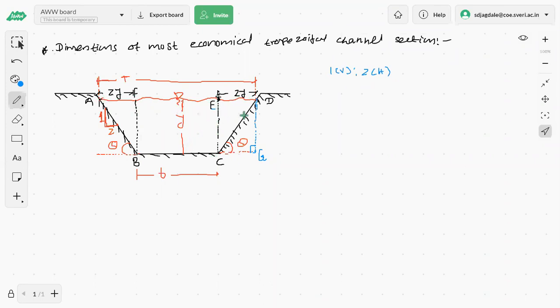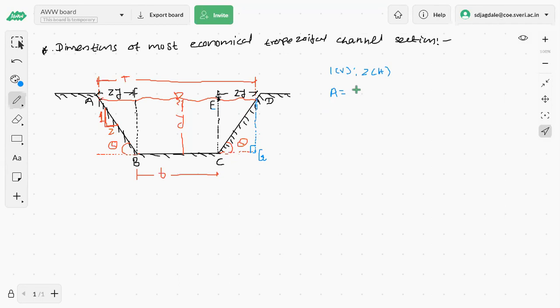Then the area, that is the wetted area for this section. So tell me directly the formula for the wetted area which you had seen in the previous lectures. What is the trapezoidal area in terms of B, Y, and Z?